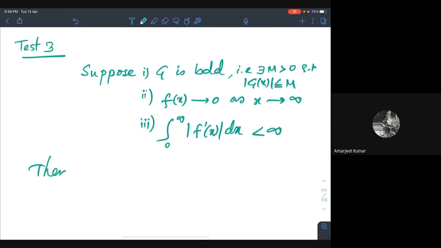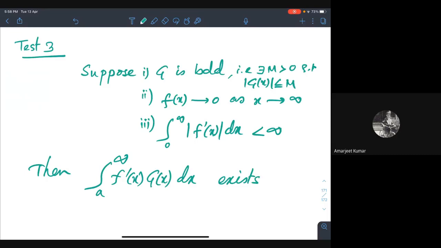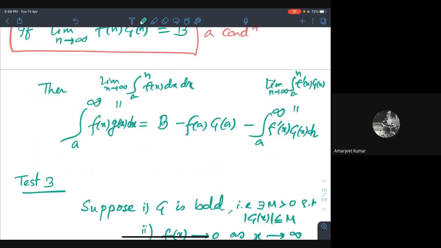Then the integral from a to infinity of f'(x)g(x) dx exists. Which means this part exists, and that means this part will also exist.